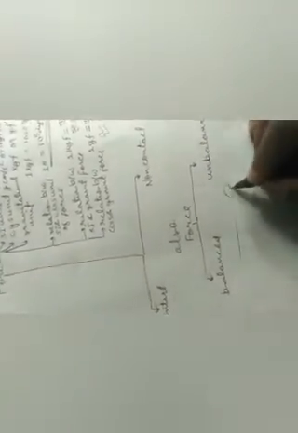Or in tug of war, if few people pull the rope this side, and other people pull the rope that side, and if it is balanced force they move nowhere, but that usually doesn't happen.